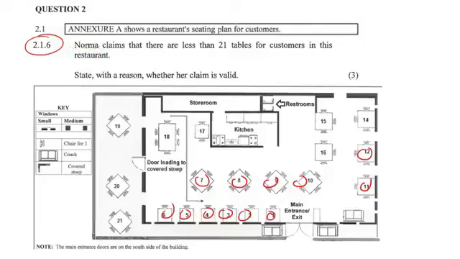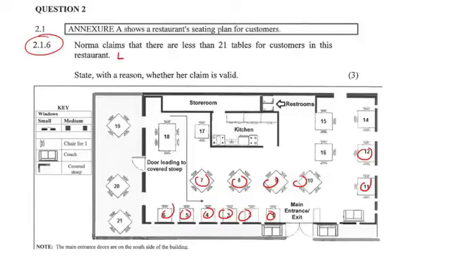There's no number 13. Norma was obviously sitting one evening at the restaurant and decided to check if the manager's possibly being a little sneaky. Okay, so I'm in a silly mood. There's no table number 13. Can you see that? So her claim is valid.